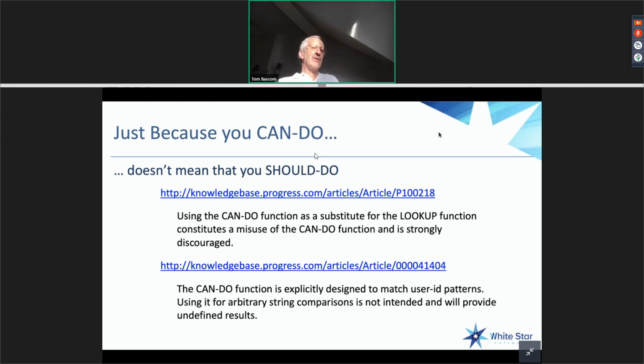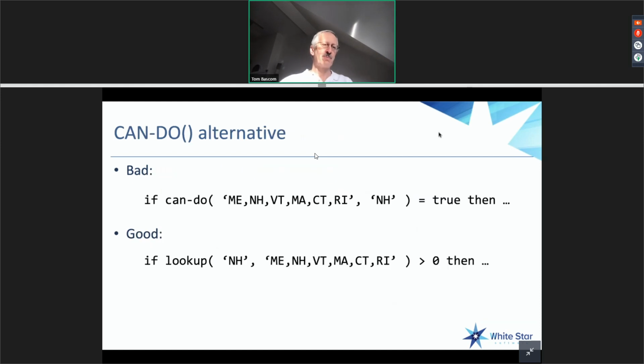Things that are now done differently, but it got used in a lot of code that was very widely distributed. And there are some problems with can do, and Progress explains those in these K-base articles that are linked here. But basically, it's a security and user control function, not a string function. And there are some things about can do that are specific to its security usage that make it a real problem when you use it in code that is not involved with checking user IDs.